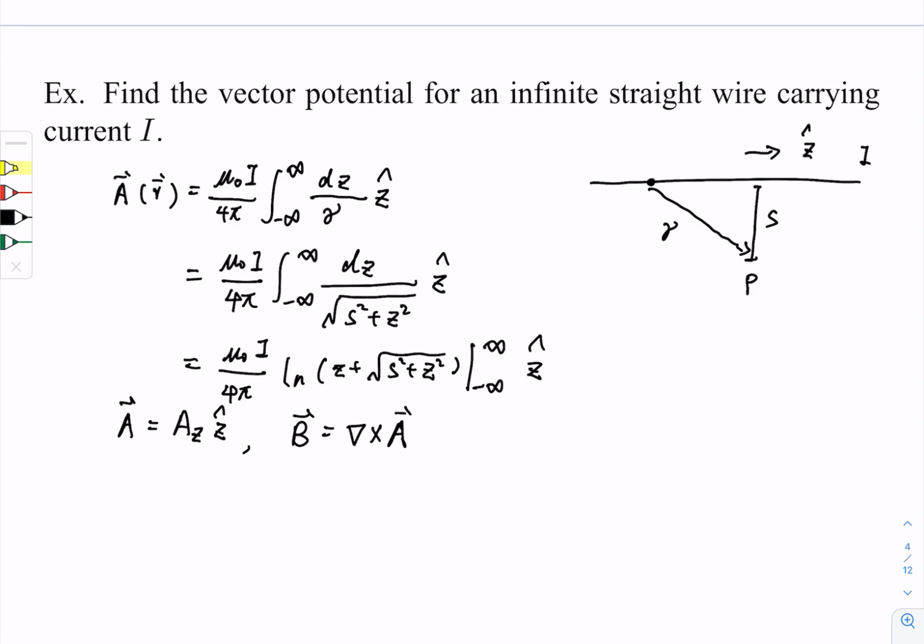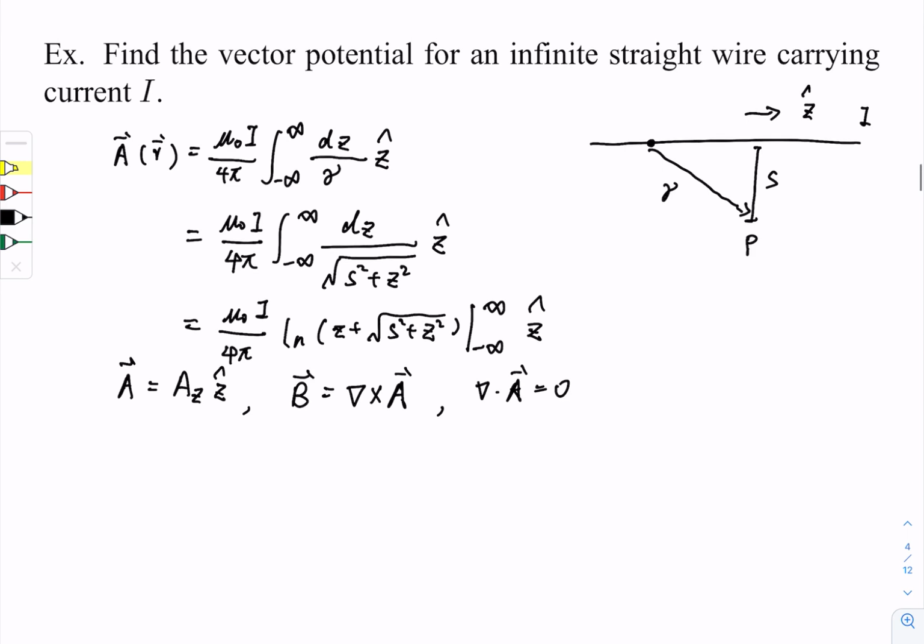And lastly, we also work in the Coulomb gauge, so the del dot A must be exactly 0. So if we can somehow find a vector potential that satisfies these equations, then we know that has to be the solution that we are looking for.